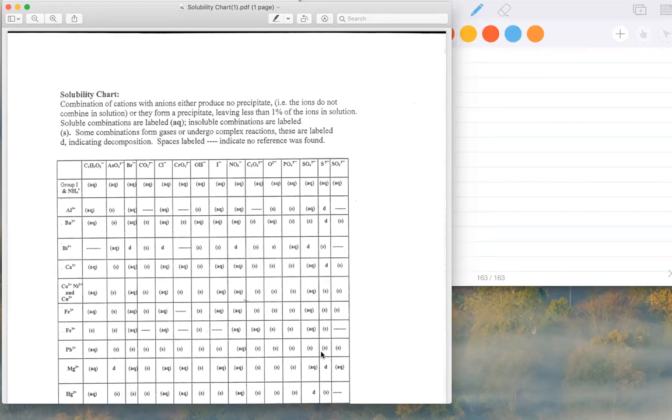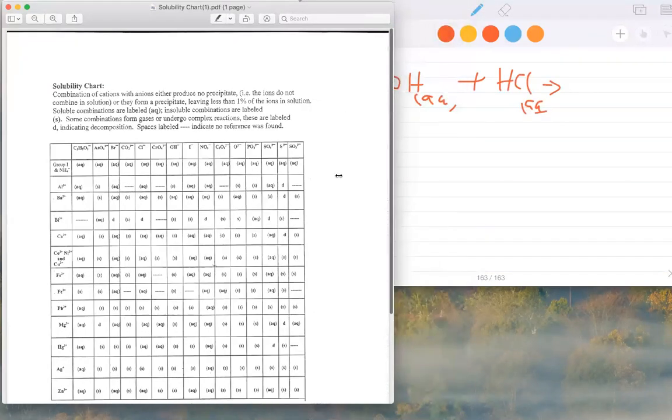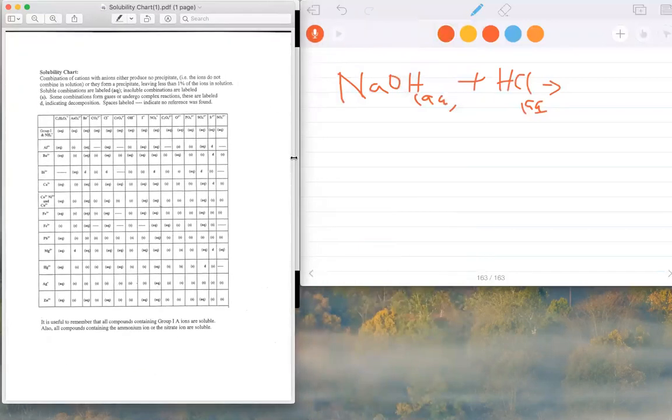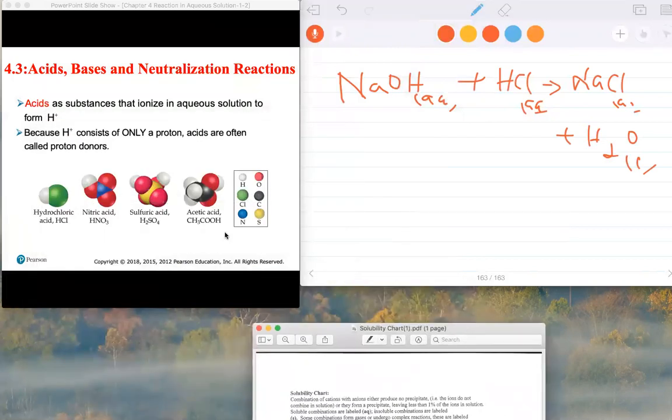For example, sodium hydroxide aqueous plus HCl aqueous, it forms a salt, an ionic compound, aqueous plus H2O liquid. I've seen problems asking you to write the net ionic equation for acid-base neutralization.